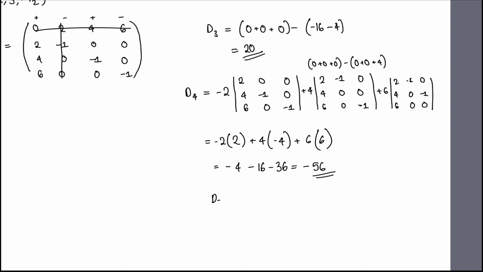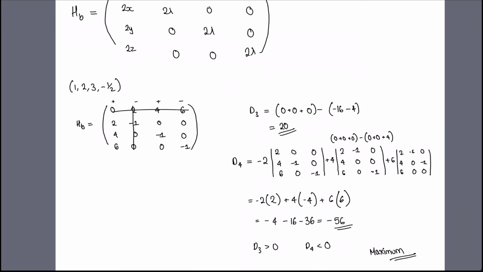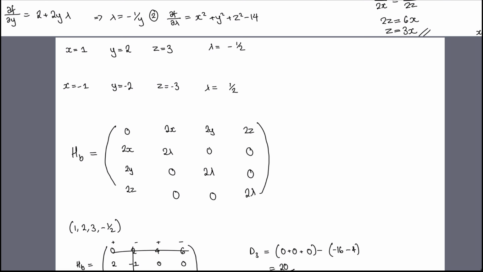So we can see that D3 is positive, and then D4 is negative. We've got our alternating pattern with the first one being positive, so we know that this is a maximum. Cool. And I will let you do this one in your own time.